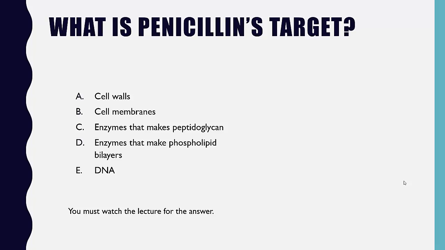Penicillin's real target is the enzyme that makes peptidoglycan. What do we call that enzyme? PBP: peptidoglycan building protein, or penicillin binding protein. But it's the enzyme that is the target. Ultimately, that means the cell wall is not made well and it will explode due to cell lysis, but it's the PBP enzyme.